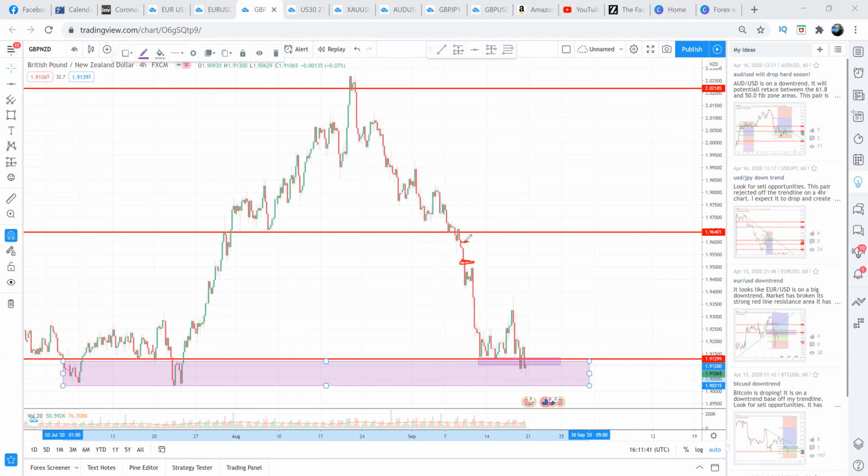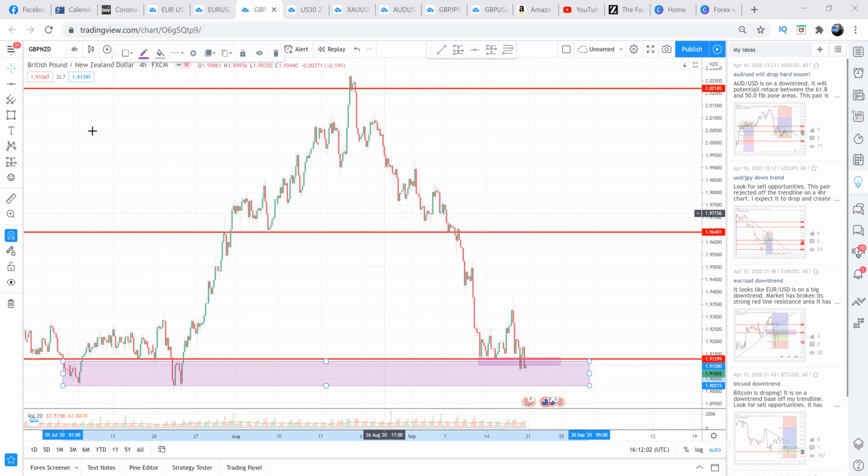Let's say you entry here, you put your stop loss here, you're in profit. If it comes back up, it'll still hit your profit. Or it could just come back up and then shoot back down. But that's just to scare your profits, because it's better to stay profitable.